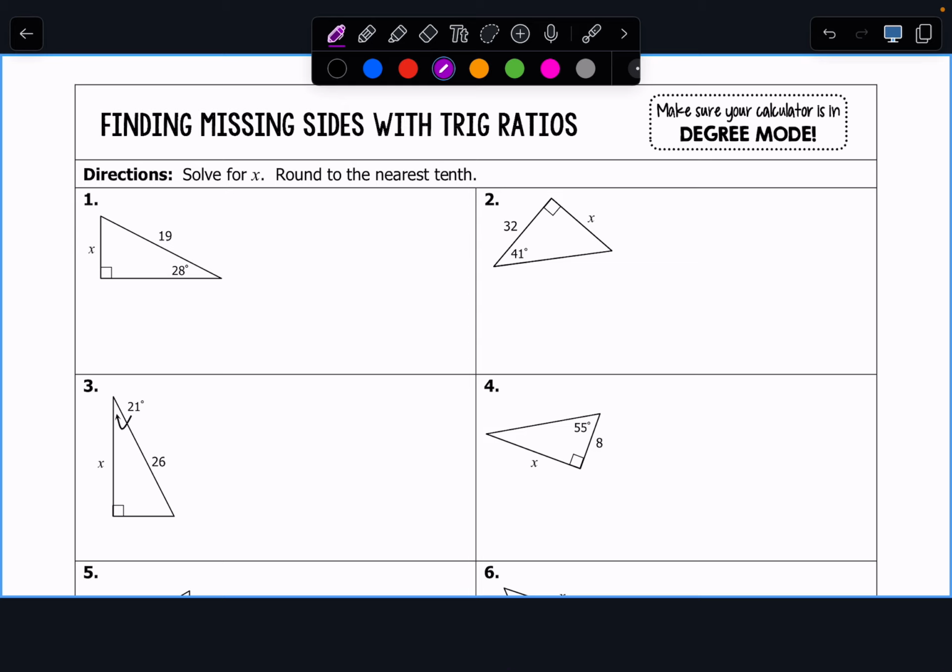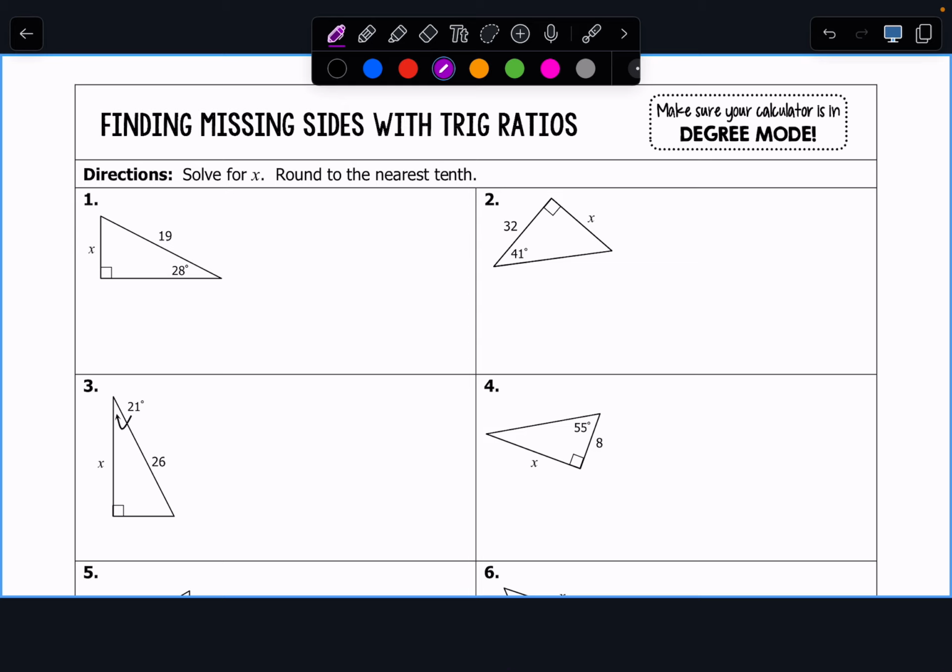If I want you to look at number 1. If I am going to find side X, I have this 28 degree angle right here. 19 is the hypotenuse, and our mystery number X is the opposite side. What do you think could help me?